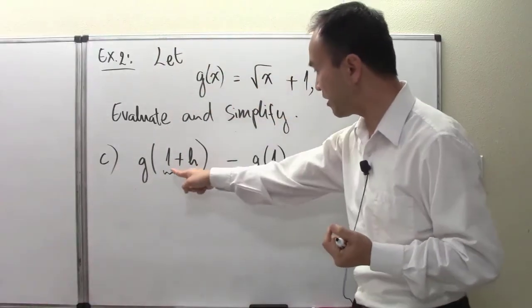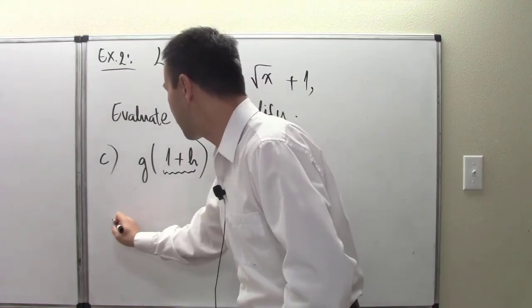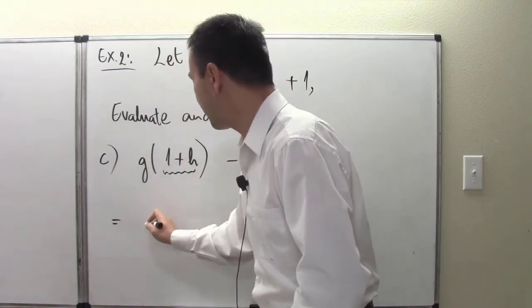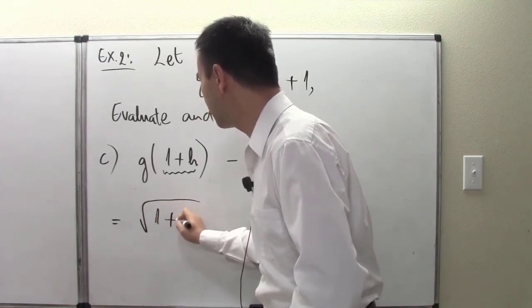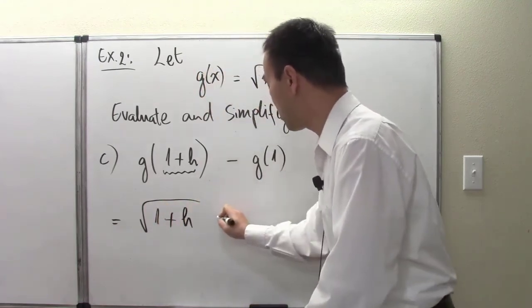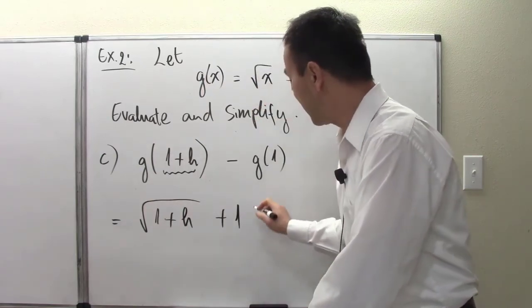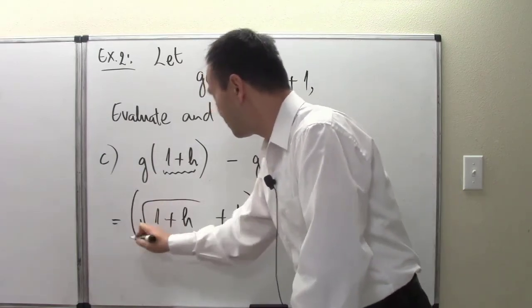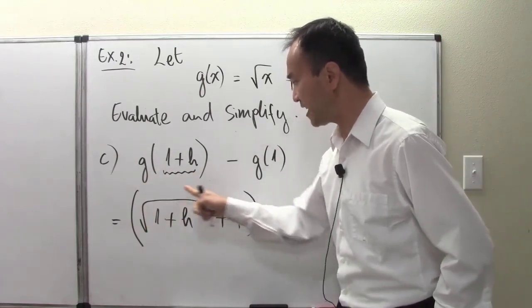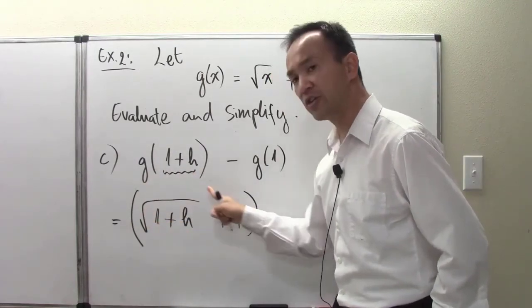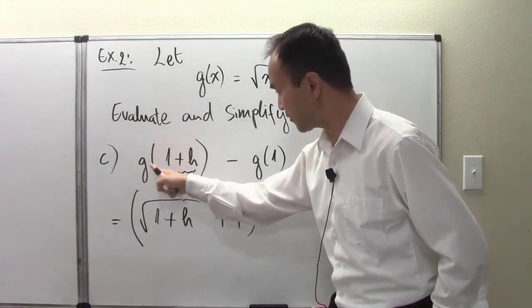All right, so g of 1 plus h is right here. g of 1 plus h is the same as the square root of 1 plus h, plus 1. I'm going to put that in parentheses for now, because this is a group, and whatever is grouped inside the parentheses is the end result for that particular term.